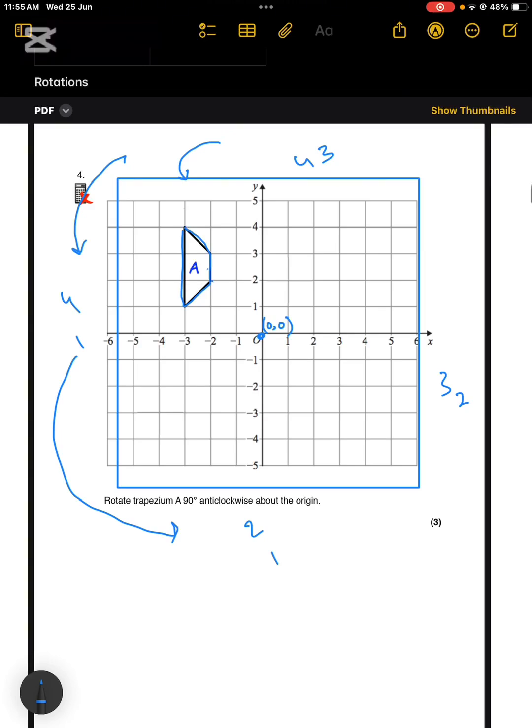And then the image that will be formed will look like this. The new image will look like this.